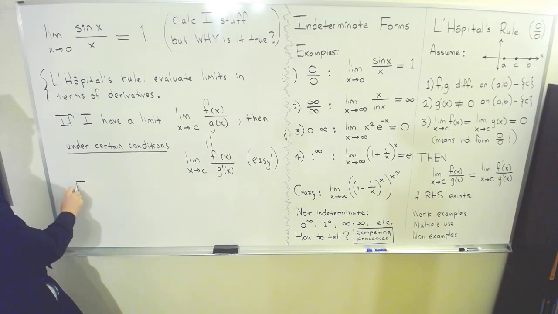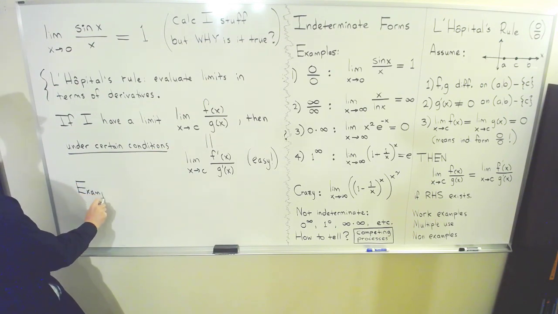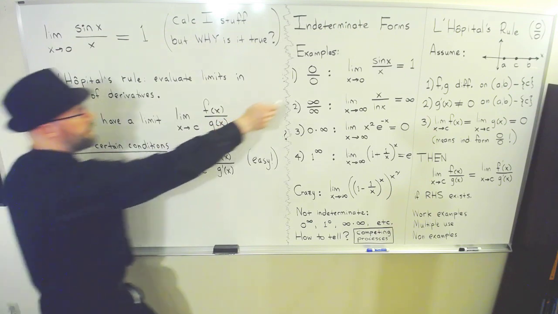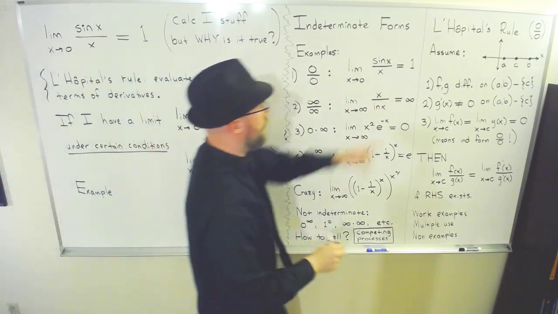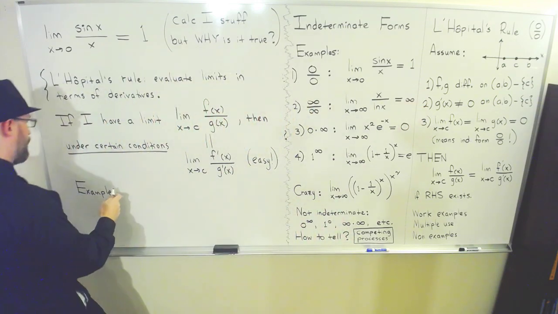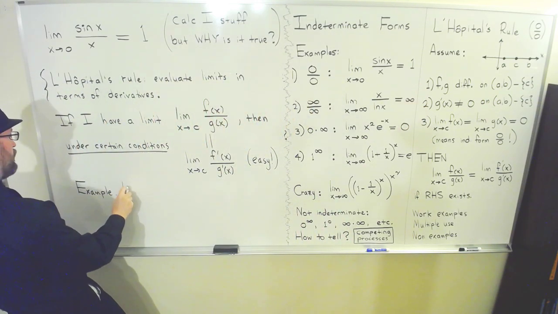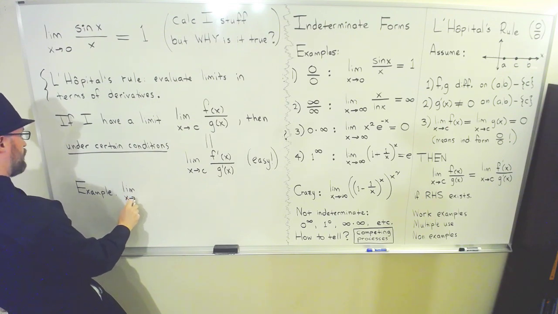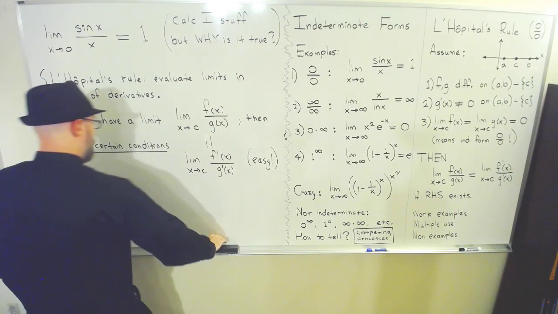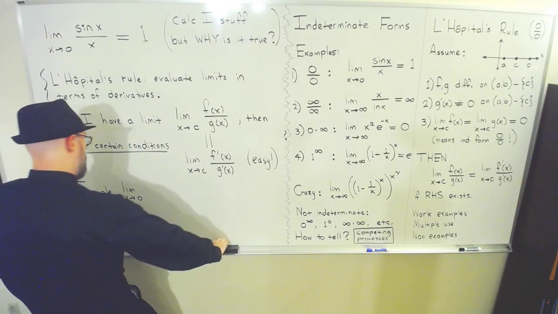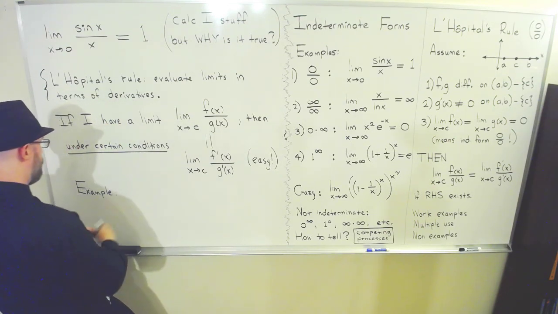So for example, it's that first example there, 1. It will turn out that this limit satisfies those conditions 1, 2, and 3, those hypotheses. And so what I'm able to do is write that the limit as x goes to 0. In this case, the c is 0. Let me write this a little more neatly.